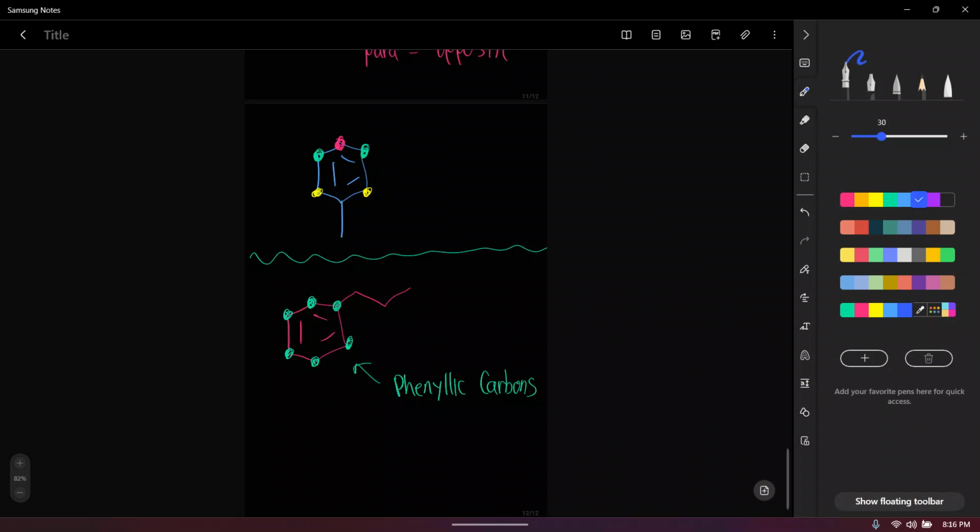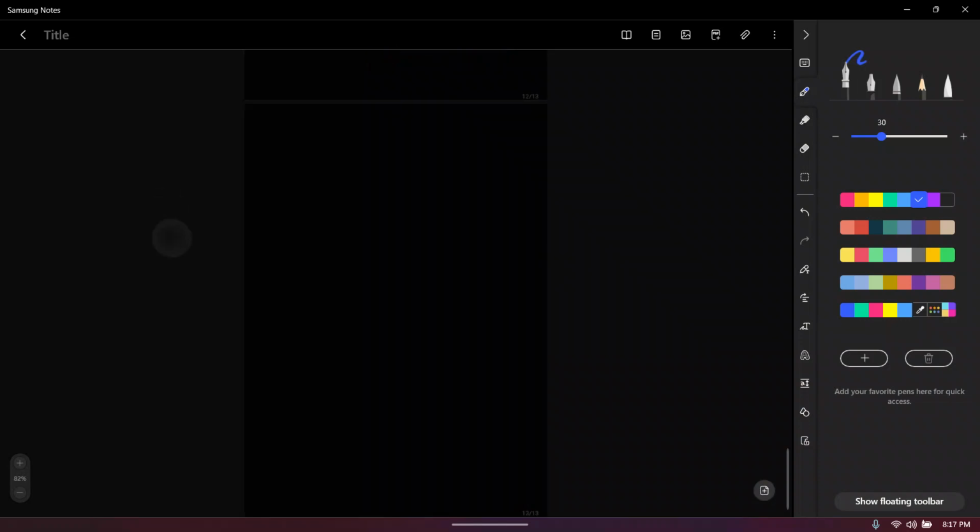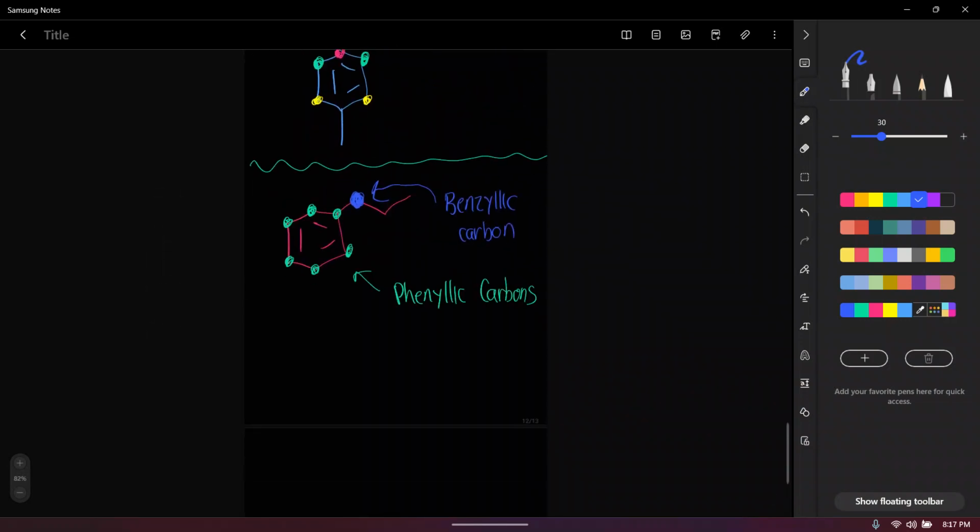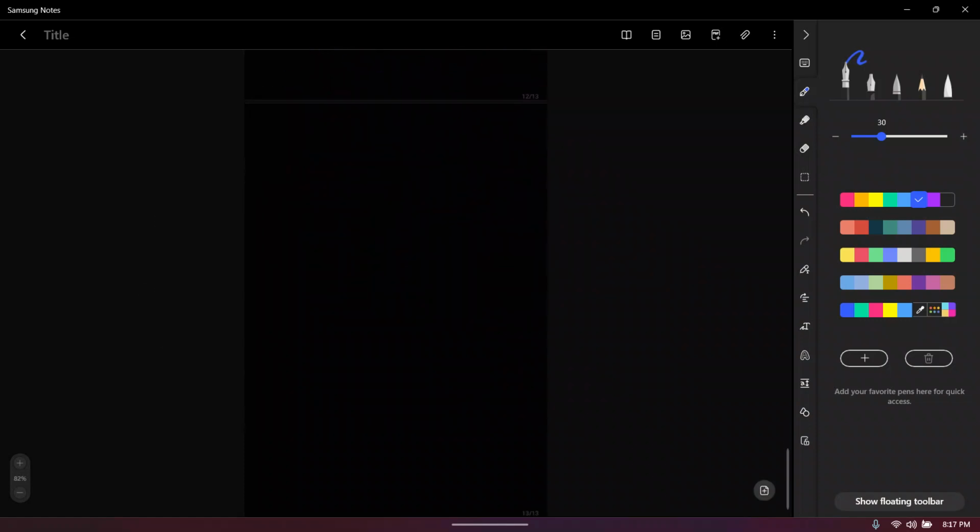And the specific carbon that is adjacent to the benzene ring, that is called the benzylic carbon. It's a little bit of a misnomer because the benzylic carbon is not actually on the benzene ring, but one over from the benzene ring. The benzylic carbon is adjacent to the ring, and the carbons that are physically on the ring are called phenylic carbons. Okay. So hopefully that makes sense.